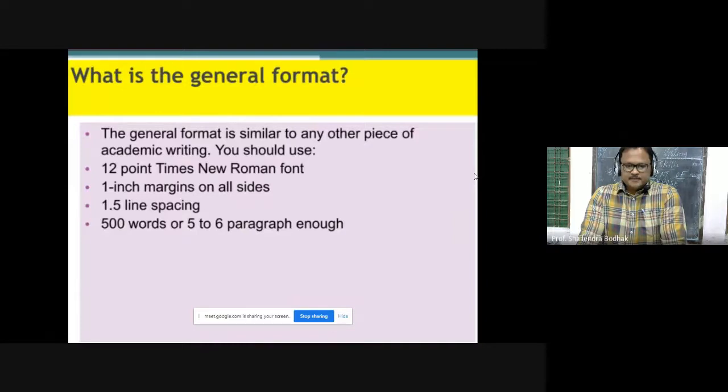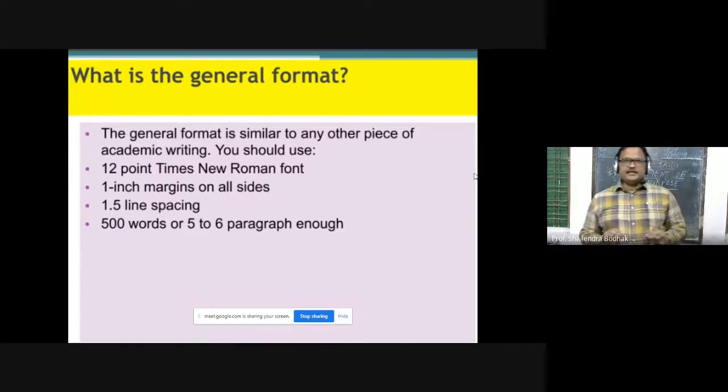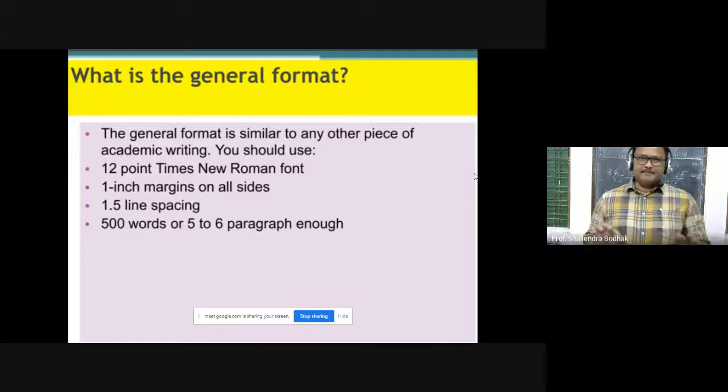Second, 1 inch margins on all sides, 1.5 line spacing, and it should be 500 words, or 5 to 6 paragraphs are enough. Now, when you read this, what do you come to know? That SOP is not handwritten, it is typed.